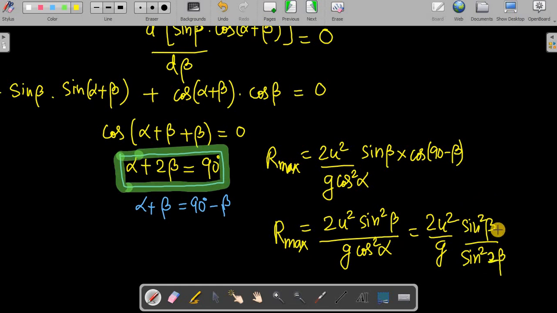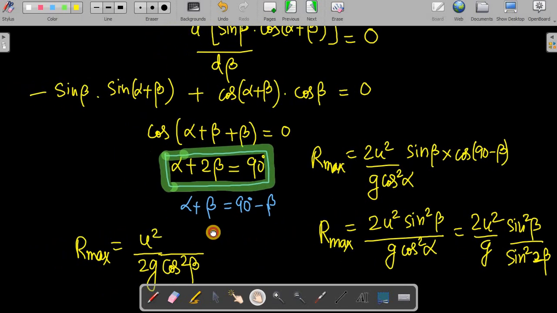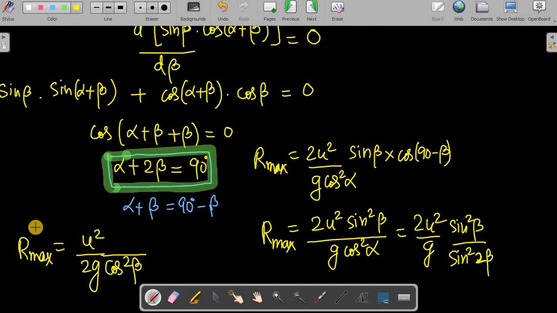Then further you can break sin 2 beta as 2 sin beta cos beta. So R max can also be written as u square by 2g, and this sin square beta will get cancelled, so you will get 1 by cos square beta. So in this term also you can write it. Now cos square beta can also be written in different forms. All these are important results.